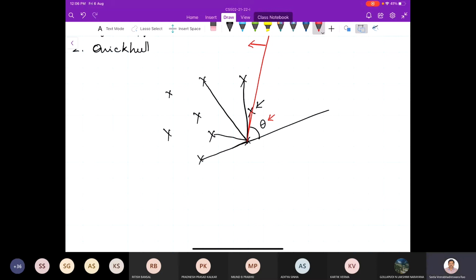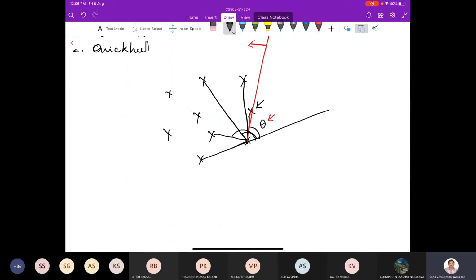So from one edge, how can we find the next edge? You find all these angles, and the one which makes the least angle, that vertex defines the next extreme edge in the counterclockwise direction from the anchor edge.